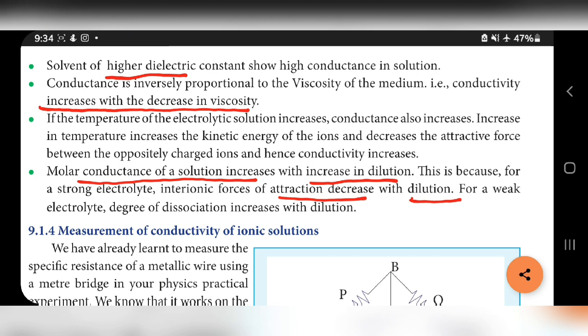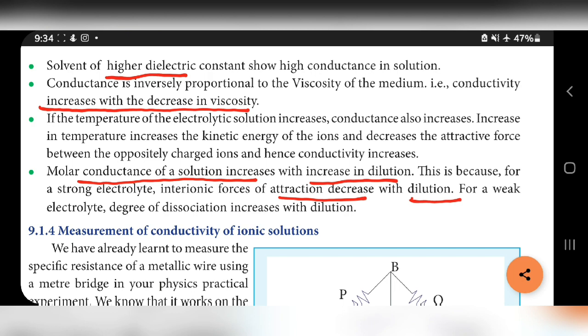For a weak electrolyte, dissociation increases with dilution. Molar conductance increases with increase in dilution. If you add more water, ions separate into plus and minus easily and can move easily.